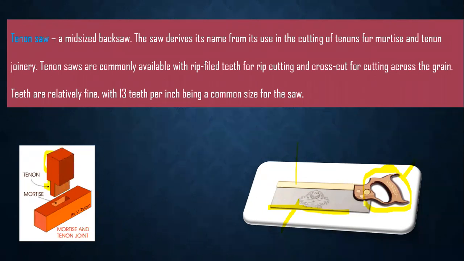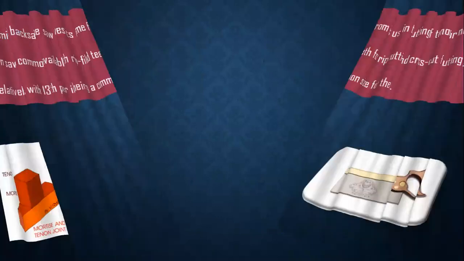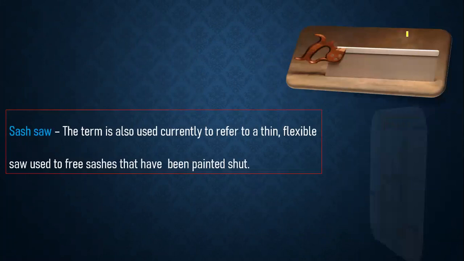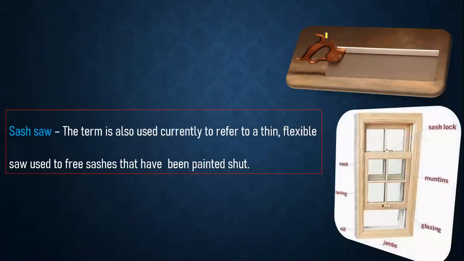Now, there's a smaller version of this tenon saw, which we call the sash saw. And this is it. You can see the designs are the same. Look at the handle, the same as the one we looked at on the previous page. We use this one to cut sash.